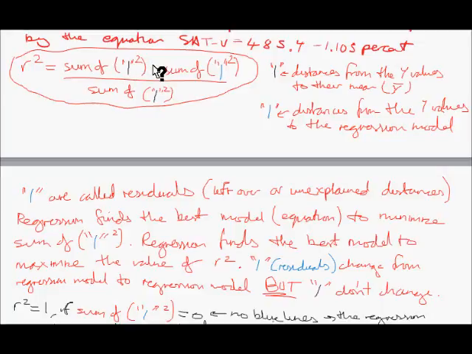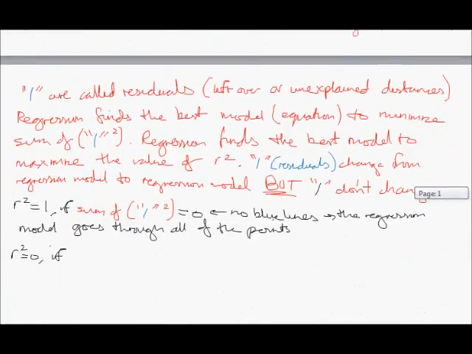And the only way the top can equal 0 is if the sum of the black line squared equals the sum of the blue line squared. That's the only way. So it can only equal 0 if the sum of the black line squared equals the sum of the blue line squared.